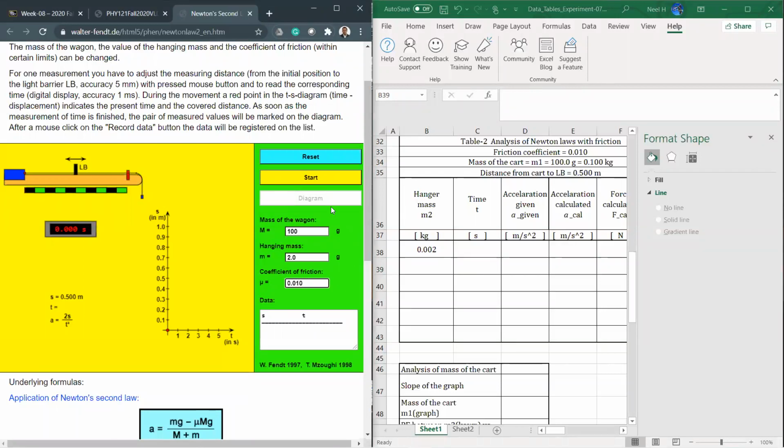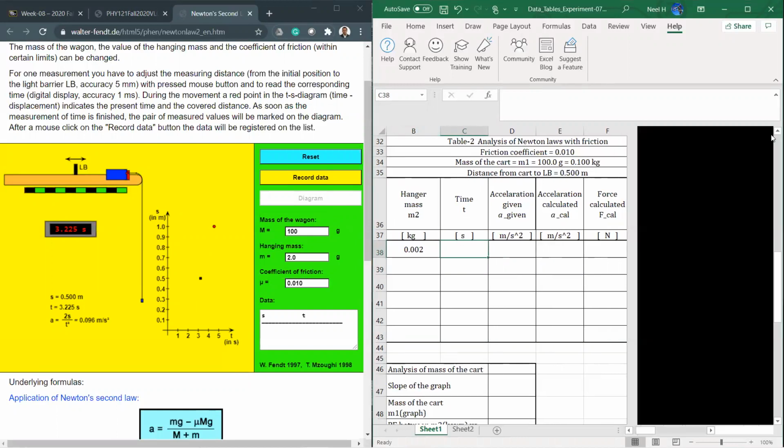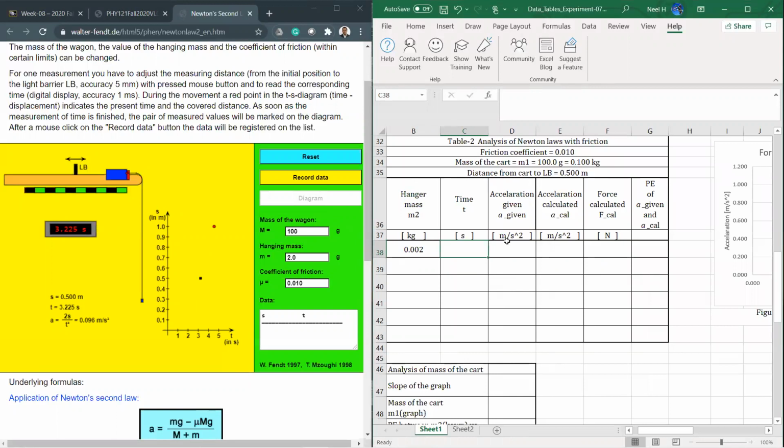All right, so that's it. Then let's start it, let it run, and collect the information we want, the time. Even though we don't need it, let's collect it. Now you can see the time is much larger compared to the previous, about 3.225.